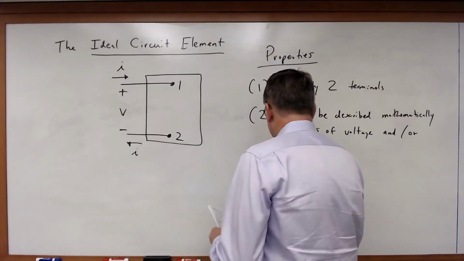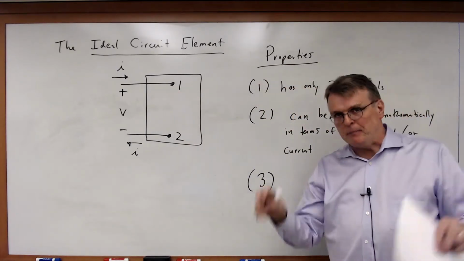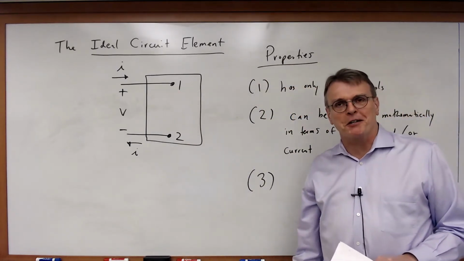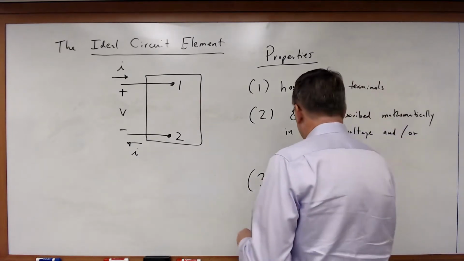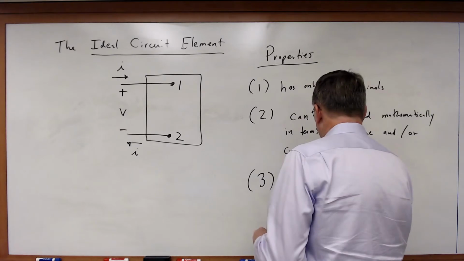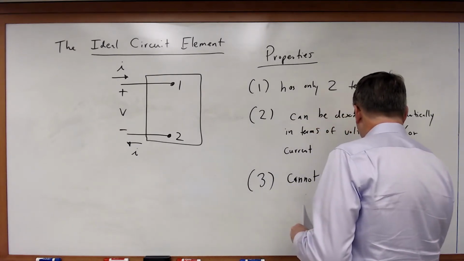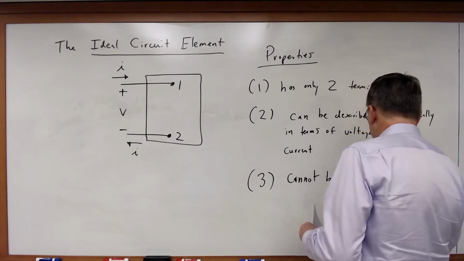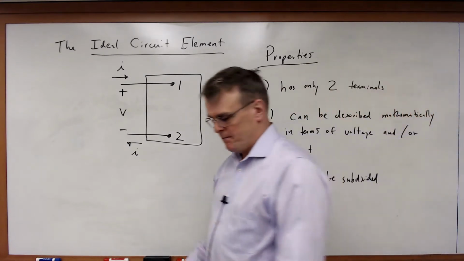And third, we can think of the ideal circuit element as the atom of electrical circuit theory. In other words, we can't subdivide it. This is the most basic element that we can describe.